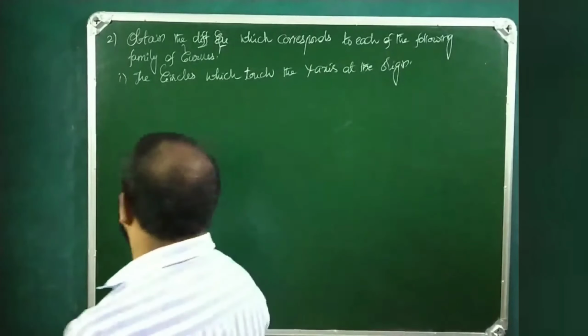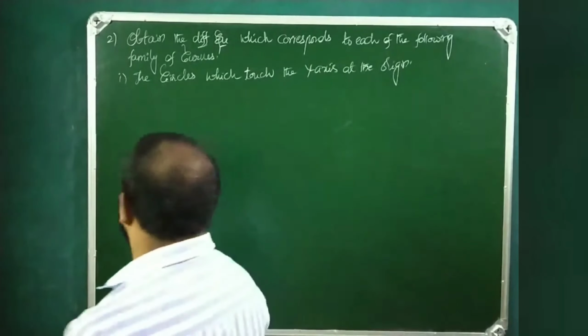Substituting 2a by y dash in y minus k, we get k eliminated in the above equation. We get y minus k is 2a by y dash into y double dash plus y dash square is equals to 0.